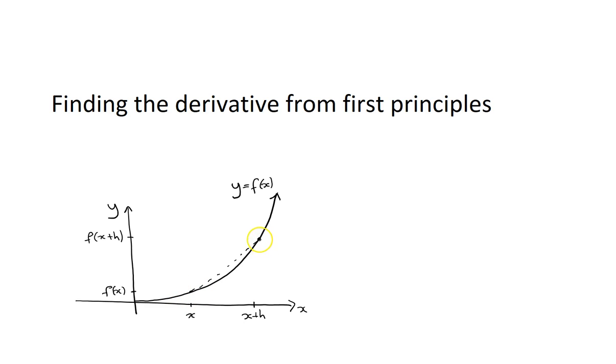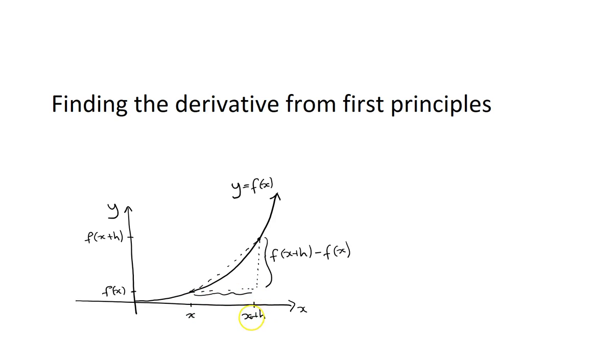Now remembering our formula for calculating the gradient of a straight line, it's going to be rise over run. The rise in this case is the difference in the y values. So it's f of x plus h minus f of x. And the run is going to be the difference in the x values.